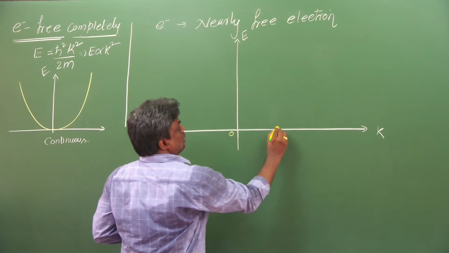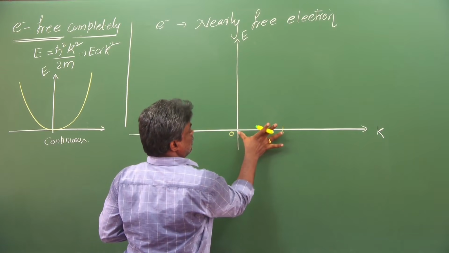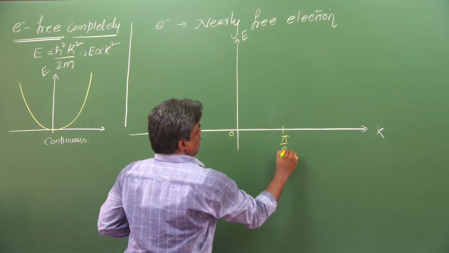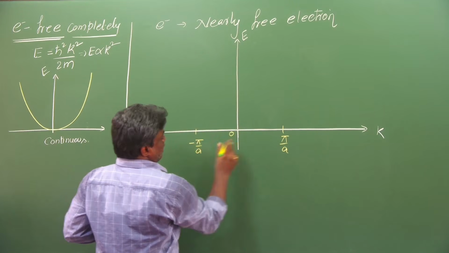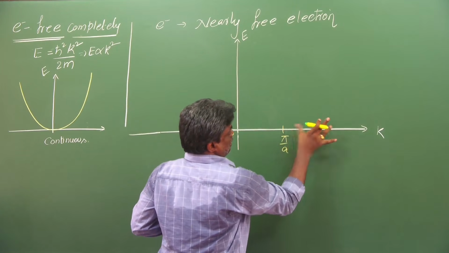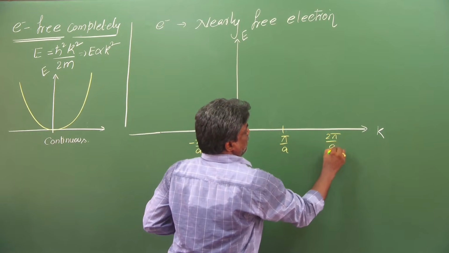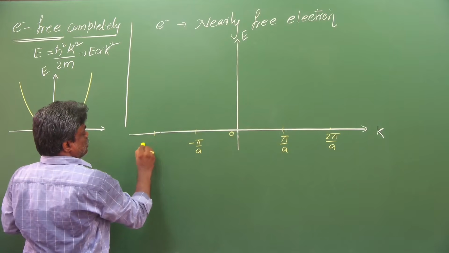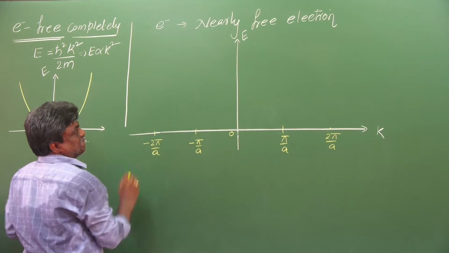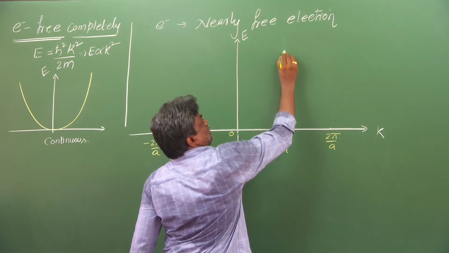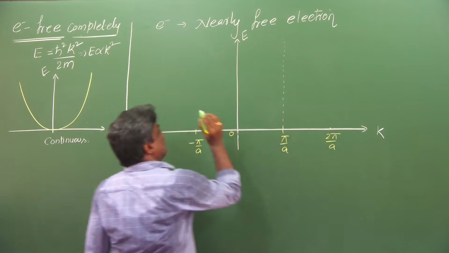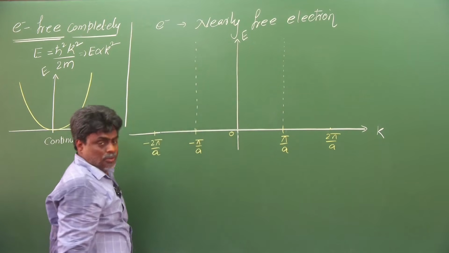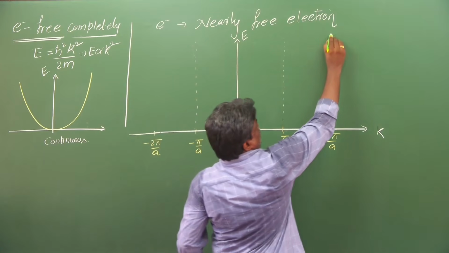This is 0, pi by a, minus pi by a, 2 pi by a, minus 2 pi by a, something like this. Now everybody knows this is my zone boundary, and this is also a zone boundary.